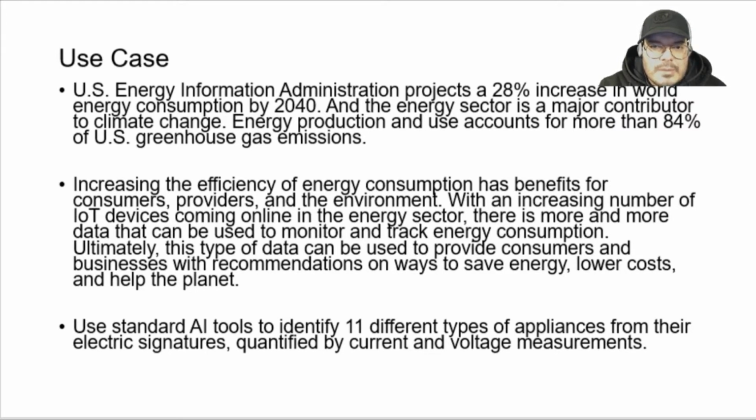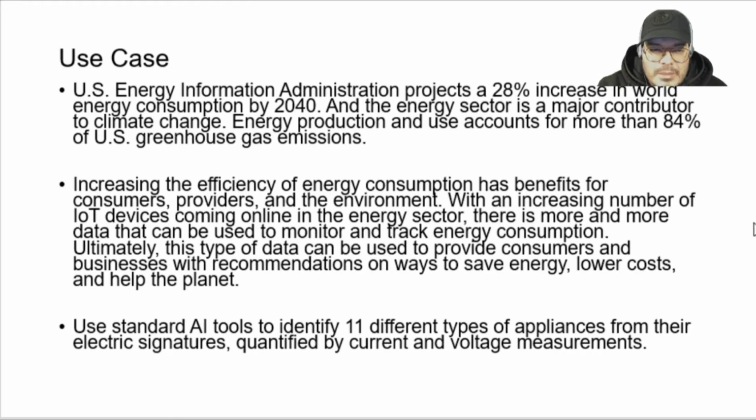We need to develop ways of knowing what's causing the biggest impact. The energy sector is a major contributor to climate change. We're looking at energy production and use being 84% of U.S. greenhouse gas emissions. So increasing the efficiency of energy consumption has benefits for consumers, providers, and the environment.